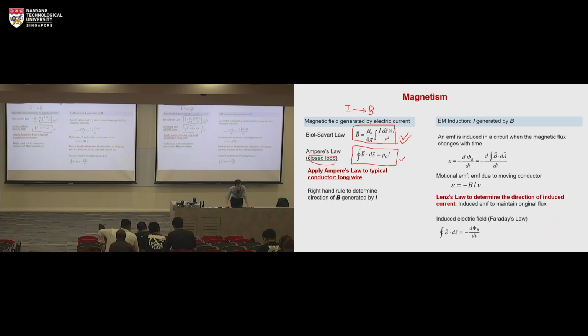So here you need to have a closed loop. Again, when it comes to using Ampere's law to determine the magnetic field B, this is the only scenario you need to be able to do. Again, just like the requirement of Gauss's law, if I ask you to use Ampere's law to determine the magnetic field B, you have to write down all the steps, not just the final result.